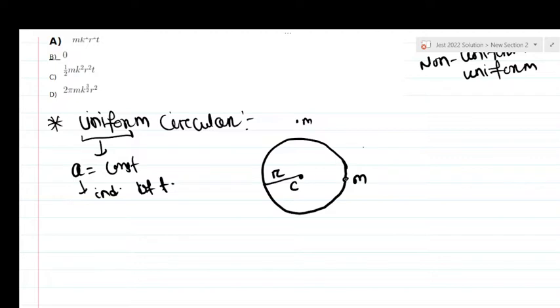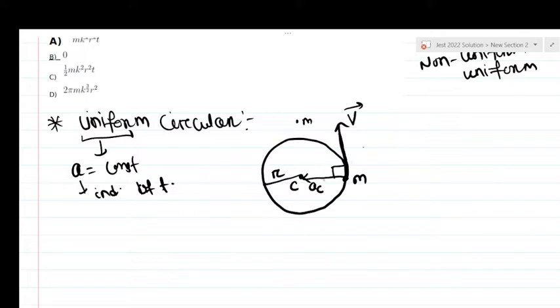The particle experiences a force towards the center, that is centripetal acceleration. For that the force will be centripetal force, and it constantly changes its velocity, which is perpendicular to the centripetal acceleration, like this.